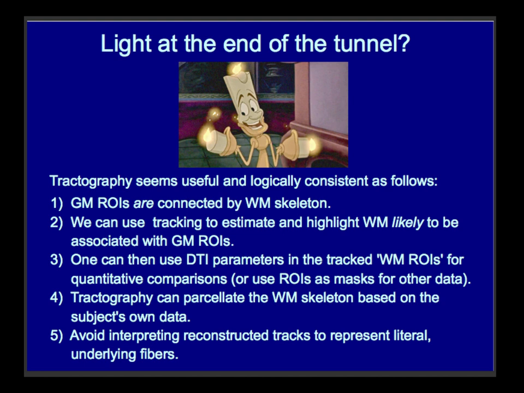That's why they're functionally related. Once we have those, then we want to quantify properties of that white matter, looking for maybe lesions somewhere or something like that. And basically that is the program of tractography, to try to parcellate the white matter skeleton from the subject's own data, because pathways can go in slightly different ways, so using atlases may be tricky.